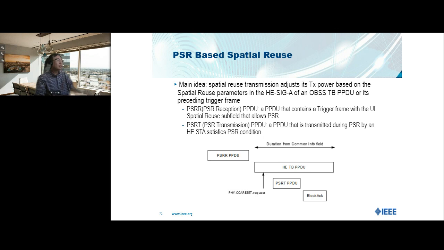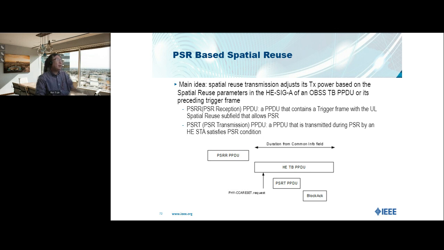Okay. So the third station from the OBSS, once it receives the PSR PPDU trigger frame and the ongoing trigger-based PPDU, can transmit a PPDU using spatial reuse. This PPDU is called the PSRT PPDU, because this is the PSR transmission, T represents transmission.